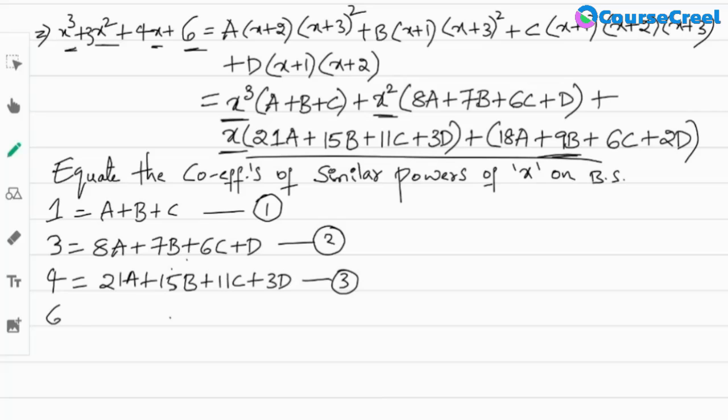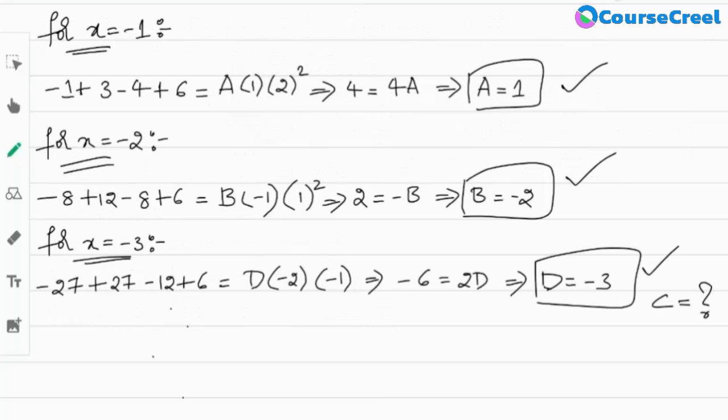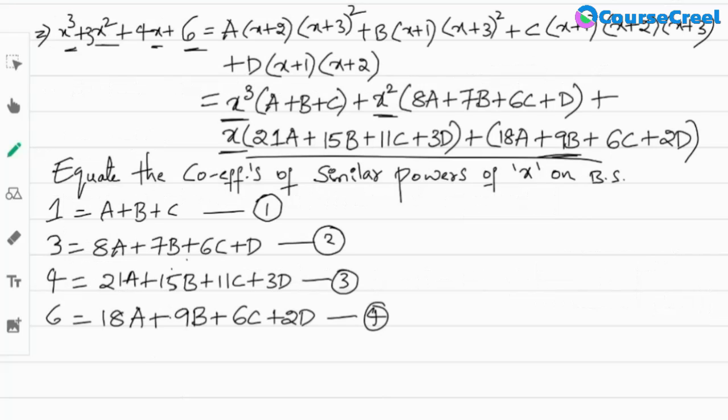And by equating the constants on both sides, we get 6 is equal to 18A + 9B + 6C + 2D. So these are the equations which we obtained by equating the coefficients of similar powers of x on both sides. And already we know the values A, B and D. We need to find the value of C.